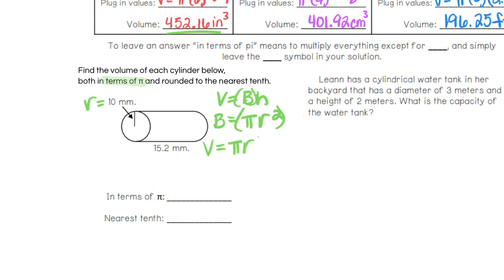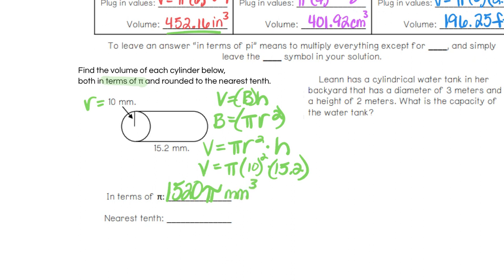So if I put all that together for volume, this goes here. So pi r squared times height. So volume equals pi, and our radius in this case is 10, and the height is 15.2. So to get it in terms of pi, my answer will have the pi symbol in it. So I'm going to multiply 100, because that's 10 squared, times 15.2. So this will be 1,520 pi millimeters cubed.